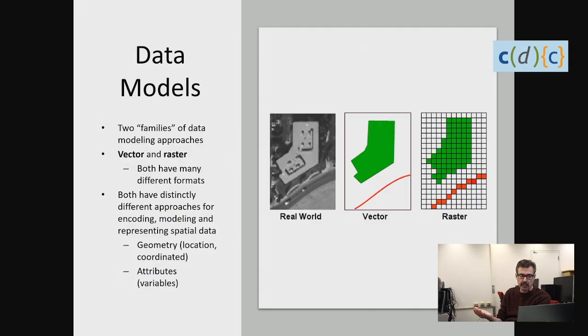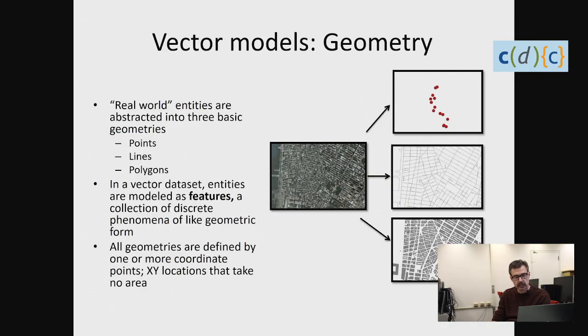We're really only going to look at vector-based data in the workshop, and I can show you one or two raster data sets. But basically, these are the two primary ways of representing and encoding data in a spatial data set. And both have distinct ways of modeling both the geometry and the attributes.